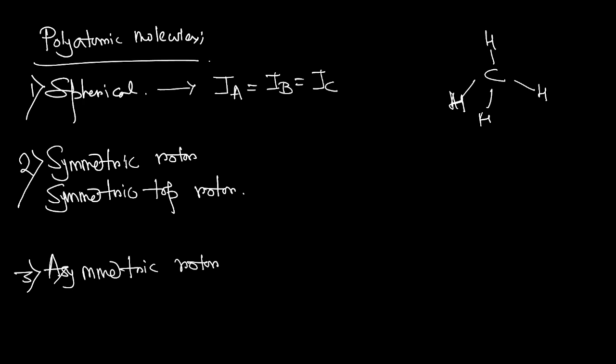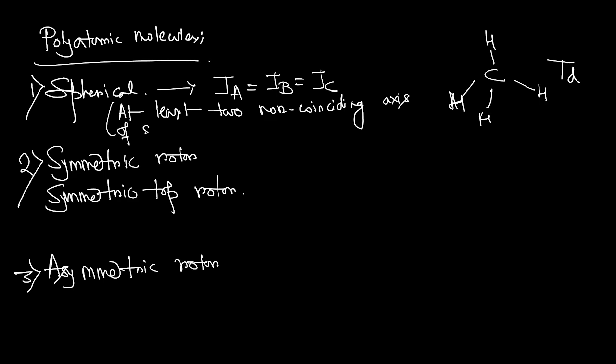If the molecule's symmetry point group is tetrahedral, the minimum requirement for a molecule to be a spherical rotor is at least two non-coinciding axes of symmetry, so here you can have C3 and C4 symmetry, which are non-coinciding.